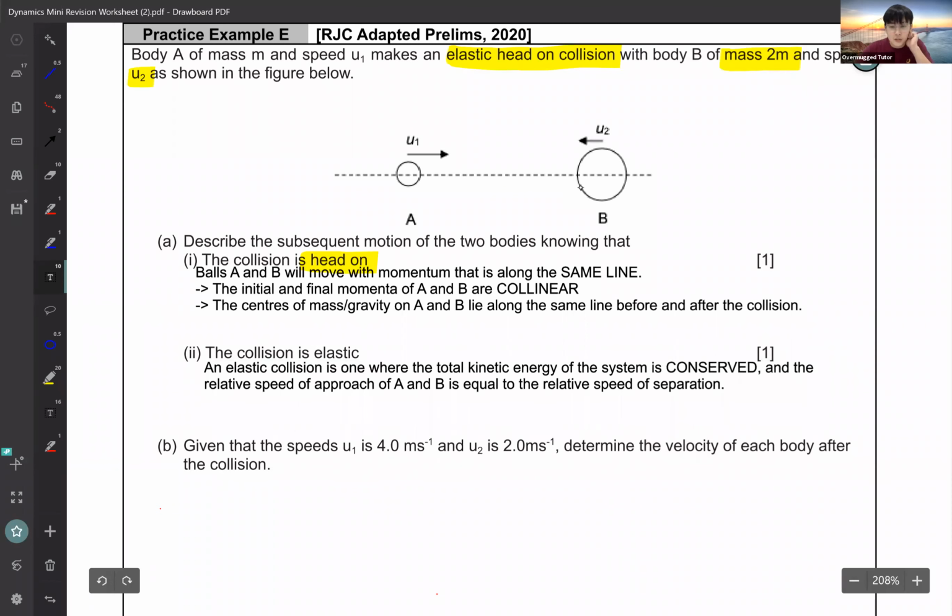That's it. So that is what elastic collision means. So RSA equals RSS. That's the key idea.